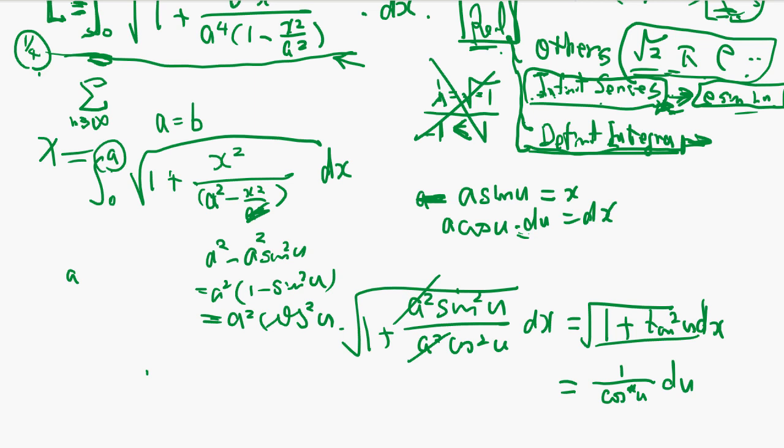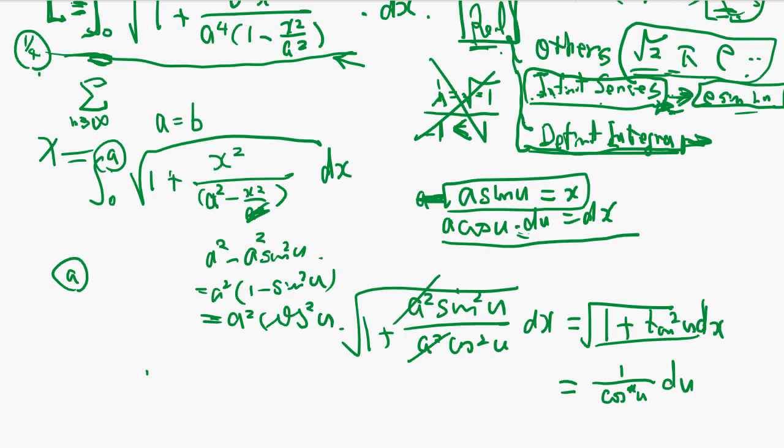Something's screwed up. A squared, we defined this way. So a cosine this, right? And this is going to be x.